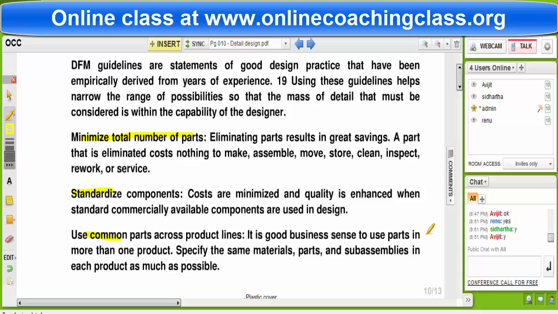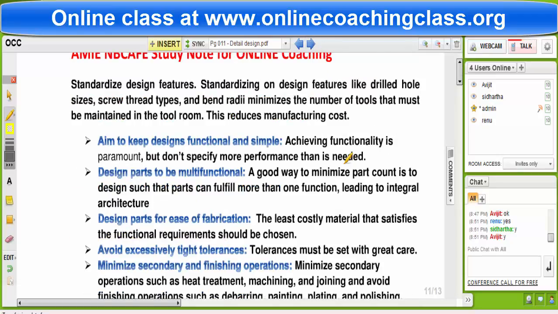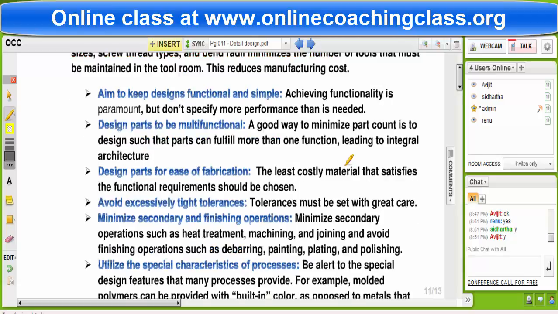Then the importance of that speaker is much more. So it will be better if you produce a part that is useful for more than one product. That is why we say use common parts across the product line. So those are the guidelines.